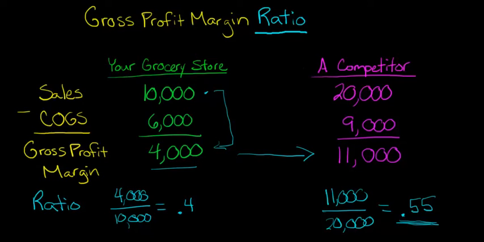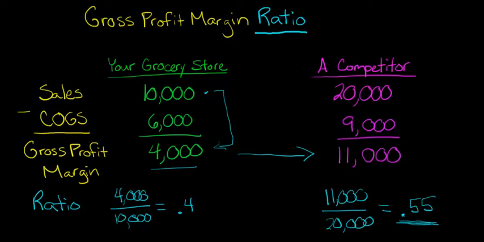The more that you buy, sometimes you get a volume discount. It could also be that they have a completely different product mix than us. They could be using generic products, whereas we're using name brands. Maybe they are using a different inventory assumption. They might be using FIFO and we're using LIFO. And in periods of rising prices, that might actually end up where we are taking this hit to our gross profit margin ratio compared to them.